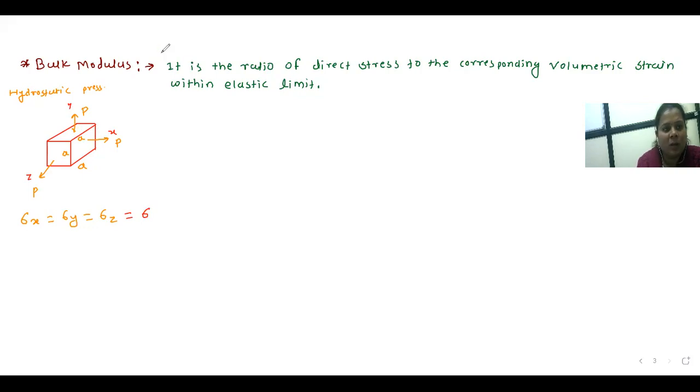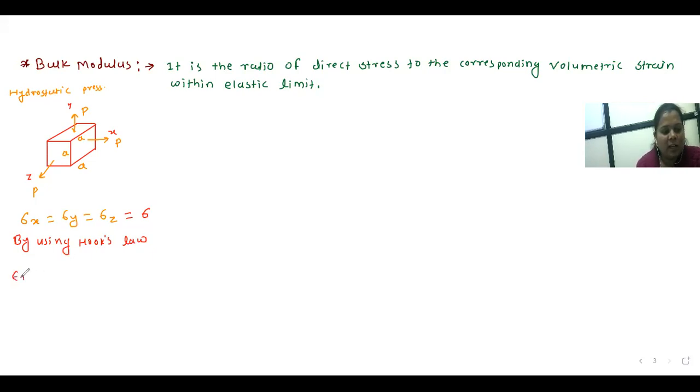So this is our assumption. Now from this we will write one equation, using Hooke's law. By using Hooke's law, we will convert this equation into epsilon terms.